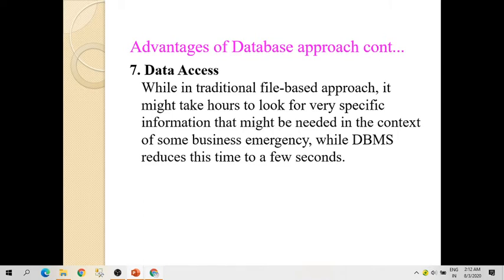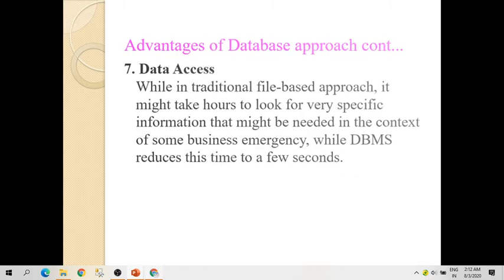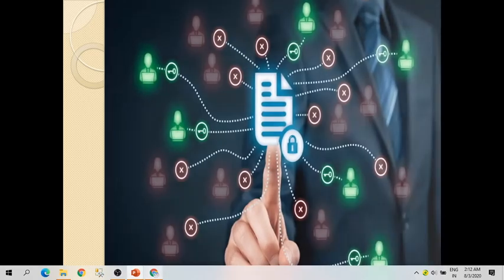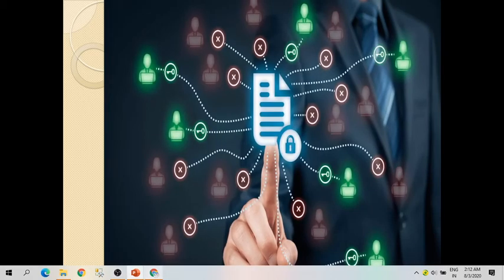Searching is very easy, access is very easy in DBMS. Using some queries, even a single line of code, we can access the data.